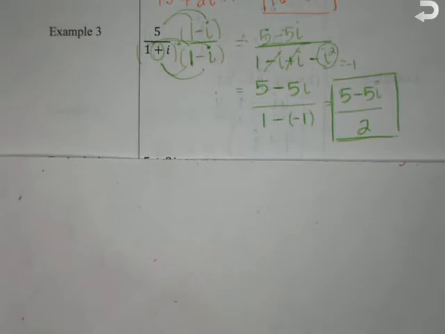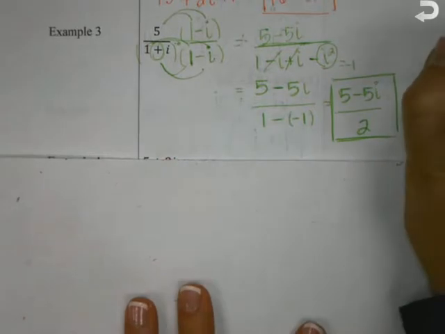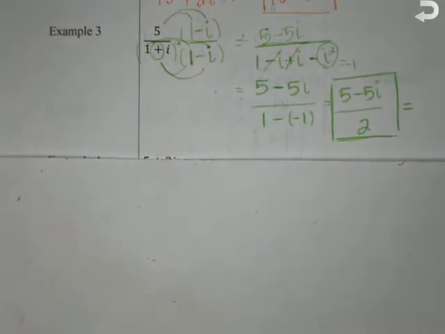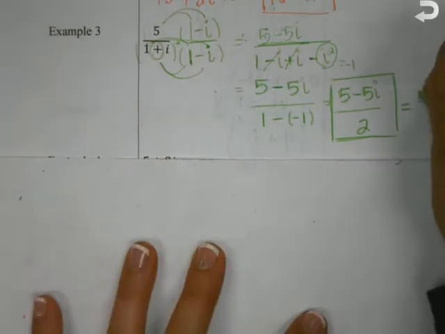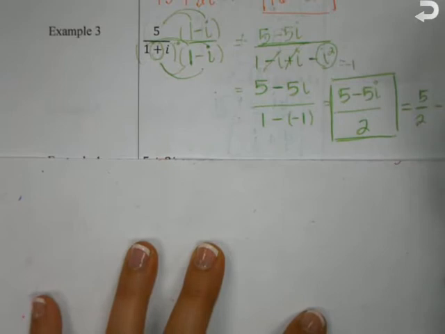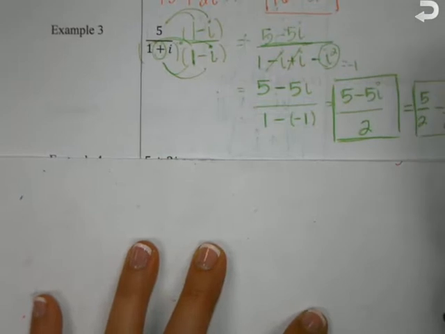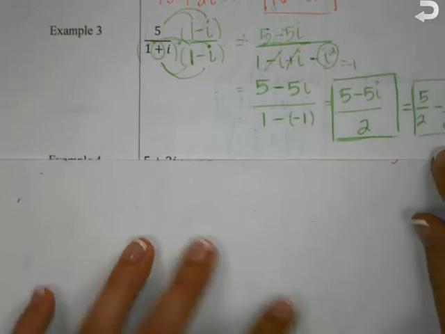Just so that you are aware, something that we see a lot in these types of problems is separating the two. A lot of times we see this as an answer as well: 5 over 2 minus 5 over 2 i. So these are the exact same thing. We just took the common denominator, and make sure you guys write this down, and split it up.